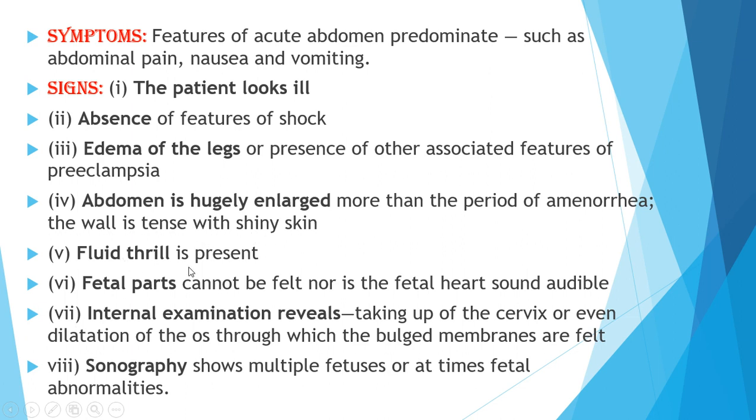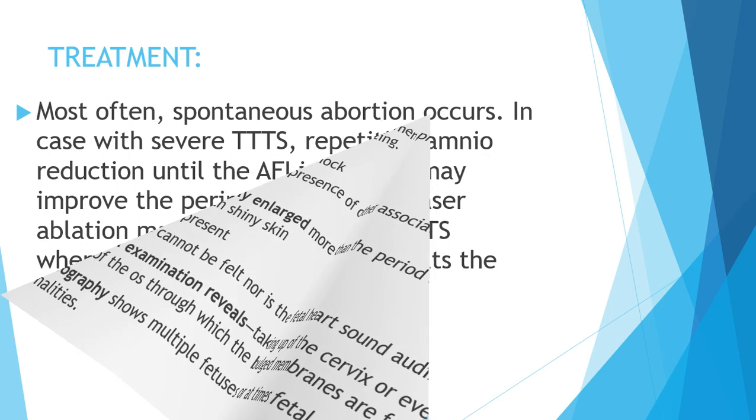Fluid therapy we already explained in chronic polyhydramnios. Fetal parts cannot be felt nor is the fetal heart sound audible. An internal examination reveals taking up of the cervix or even dilation of the os through which the bulged membranes are felt. Sonography shows multiple features, and at times fetal abnormalities can also be seen.